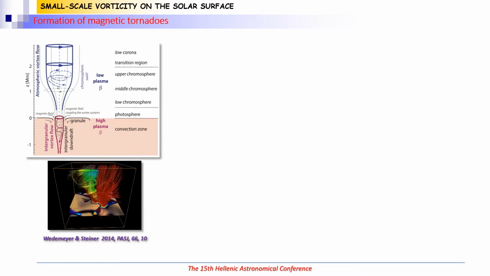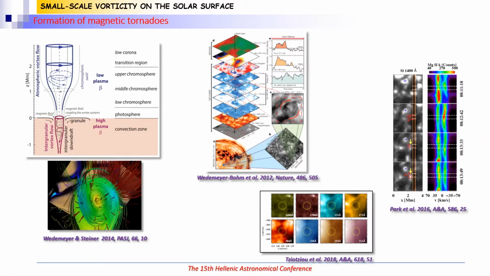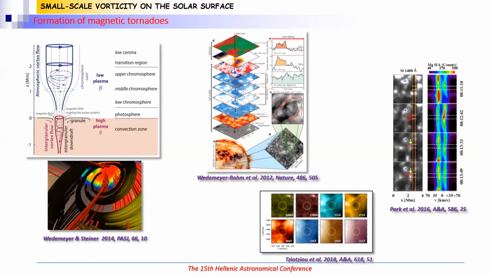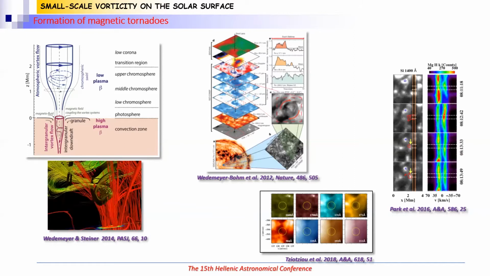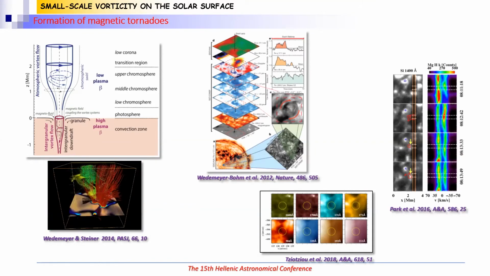And these magnetic tornadoes basically extend, as Wedemeyer-Böhm showed in 2012 in his Nature paper, up to all atmospheric layers, up to the low corona, and there are visual and observational signatures of that up to the low corona.